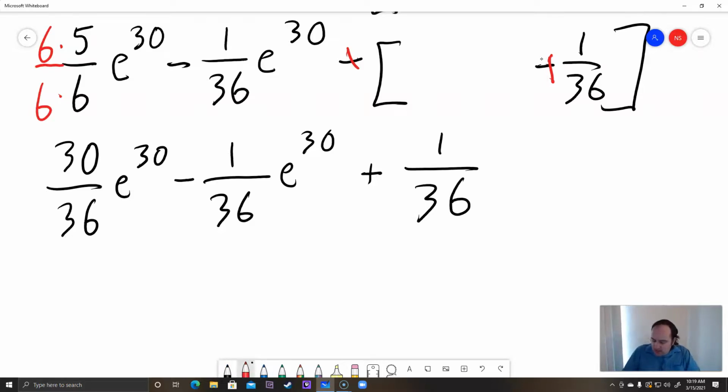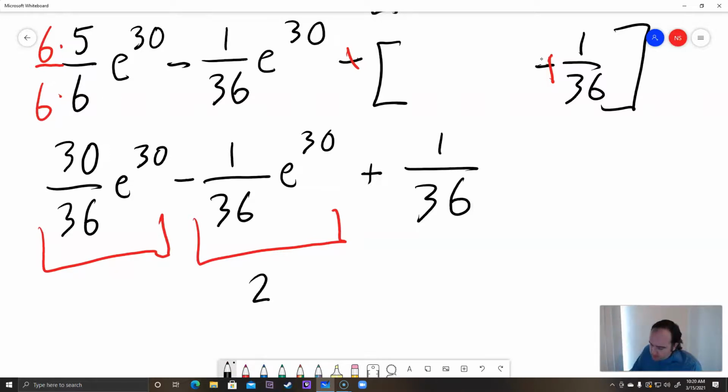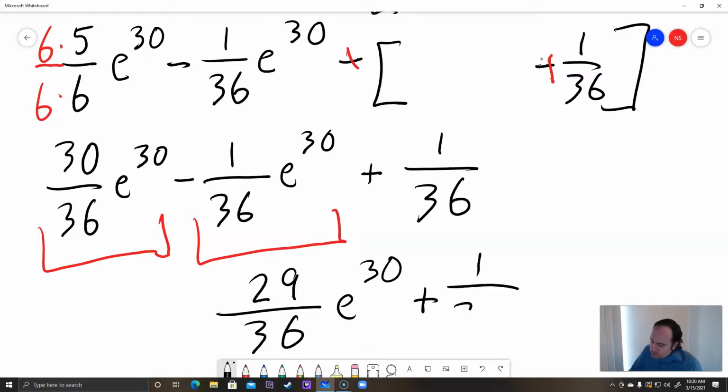Okay, and now we can combine these first two terms because they're like terms now and they actually have the same denominator. So 30 minus 1 is 29. Okay, so we get 29 over 36 e to the 30th plus 1 over 36. And that's actually going to be our final answer.